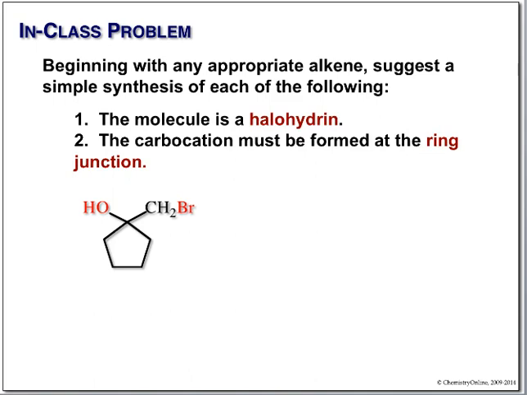Remember, when you add HOBr to an alkene, the OH group goes to the most stable carbocation. So, draw the structure of the alkene that you would need and put down the reaction conditions that you need to run the reaction.